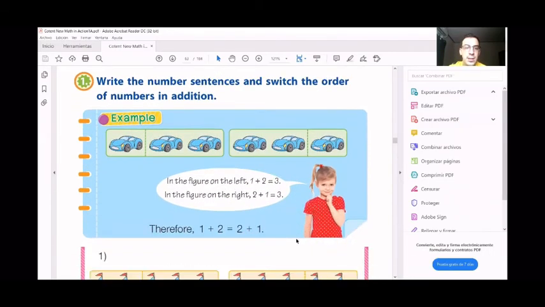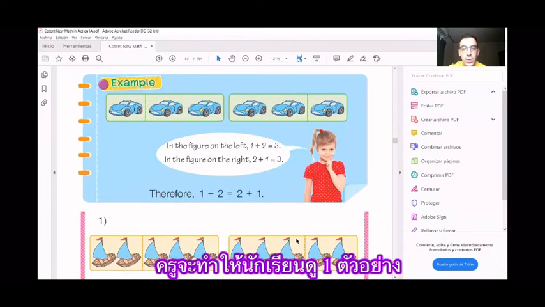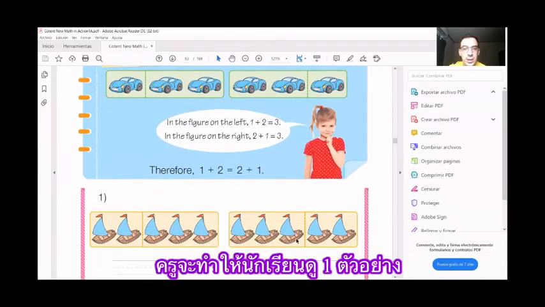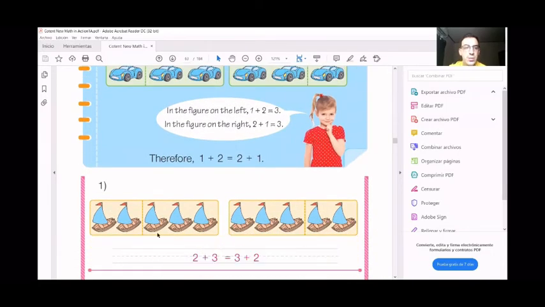Here you have one example of how to do these activities. Here we have two boats and three boats. So we can write 2 plus 3.